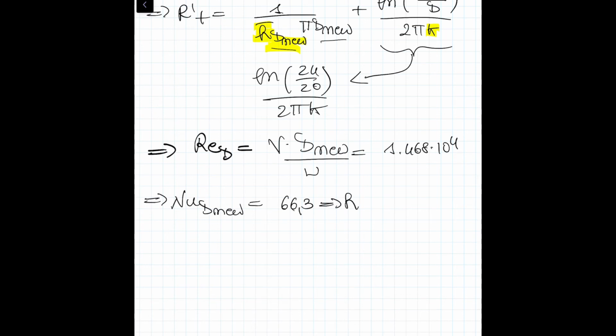Therefore, the new heat transfer coefficient is equal to 73.6 watts over meter squared Kelvin.